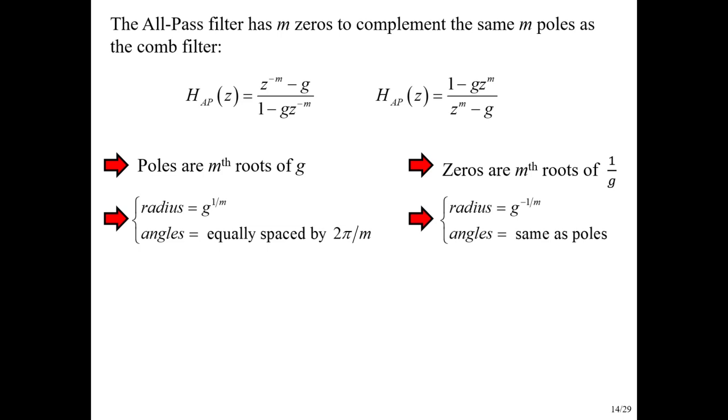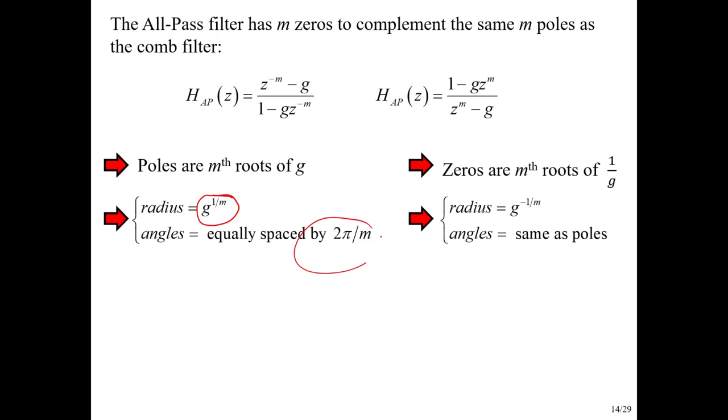So that means that the radius for the poles will be, again, here I've kind of skirted the issue, the positive real number that corresponds to the nth root of g, where we're assuming that g is a positive number, strictly greater than 0 and strictly less than 1.